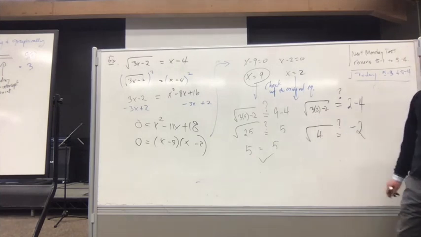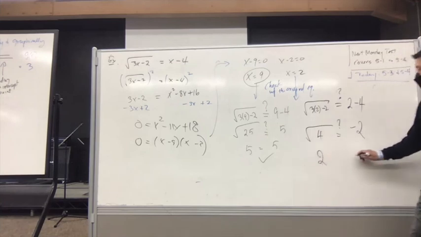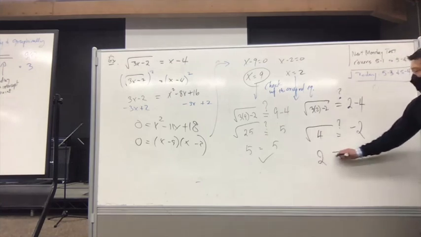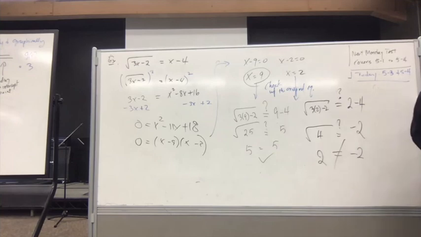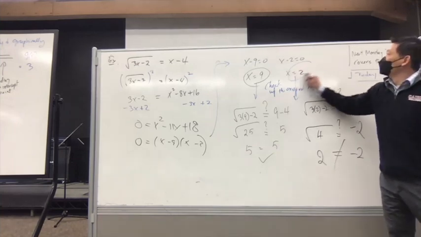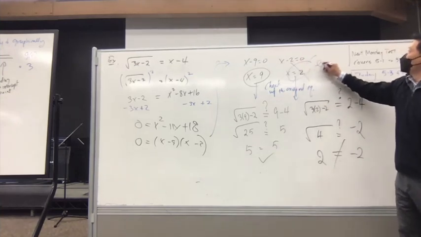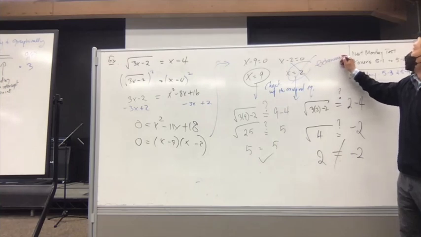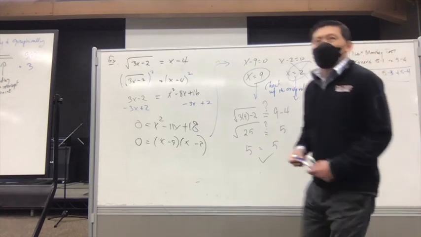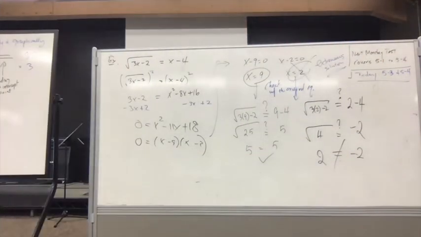So the square root of 4 is 2. That's not negative 2. They don't equal each other. So this answer is called the extraneous solution. We don't have it. That shows up because we squared both sides.